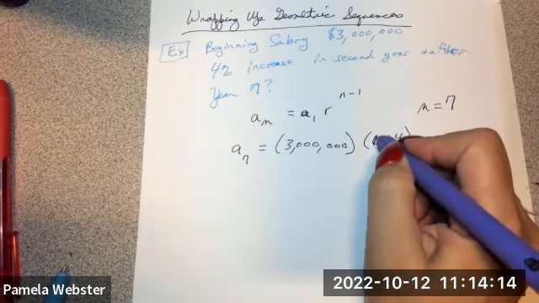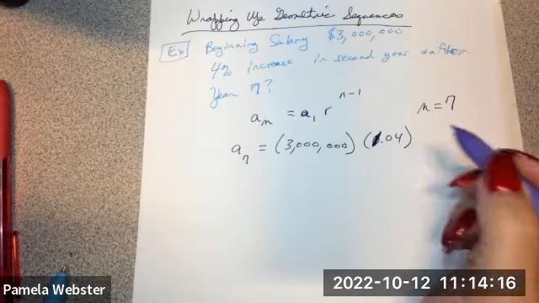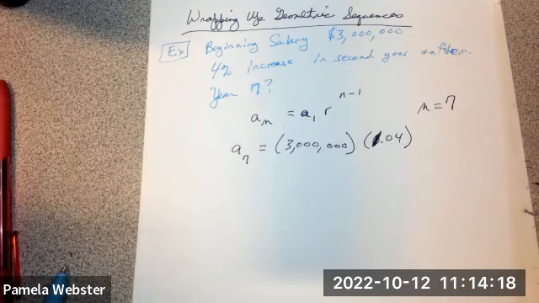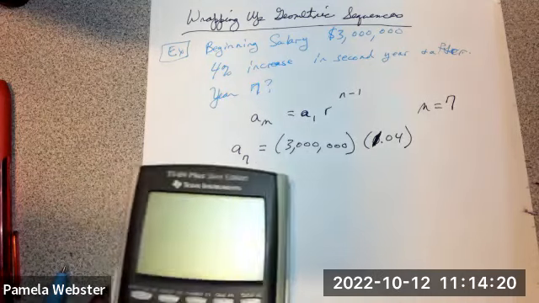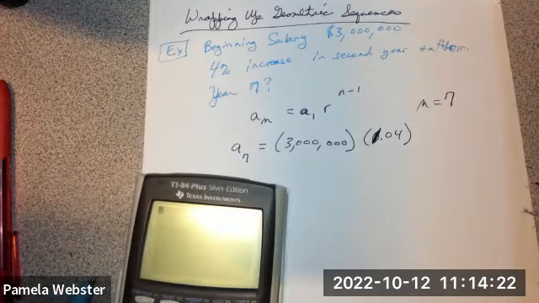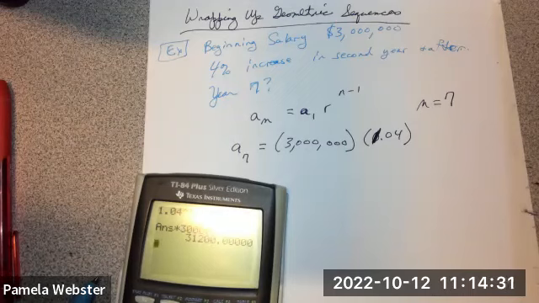I am having a hard time concentrating today. Let me double check that. I'm so sorry. If this was a 2, then we want 1.04 raised to the 1 times the $3 million. Oops, well, it's not right.